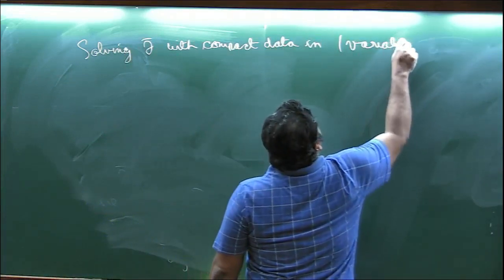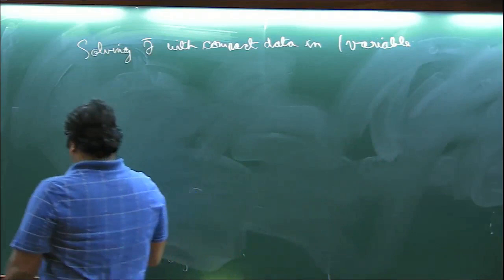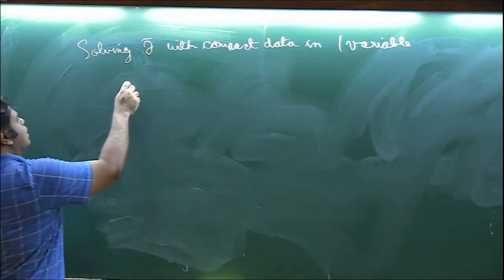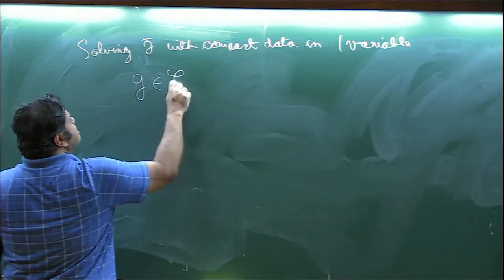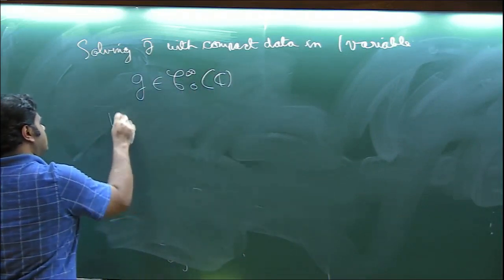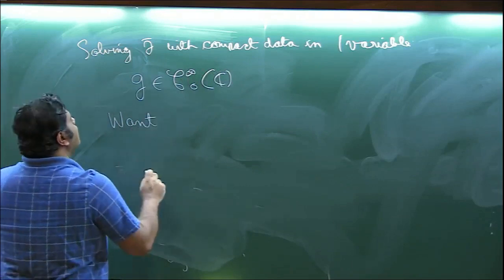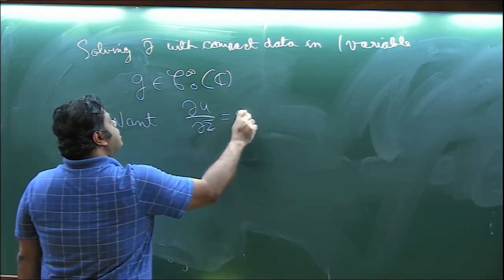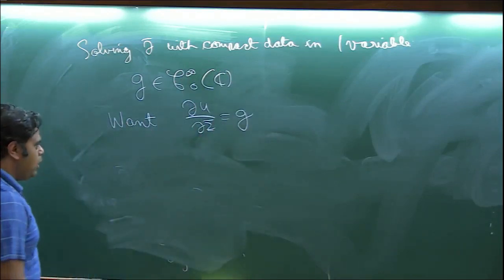We already did this actually yesterday in the problem session, but let's quickly recall it. Suppose now we have a g which is C infinity with compact support in C, and we want to solve du over dz bar equal to g. Okay? And we know what the solution is.